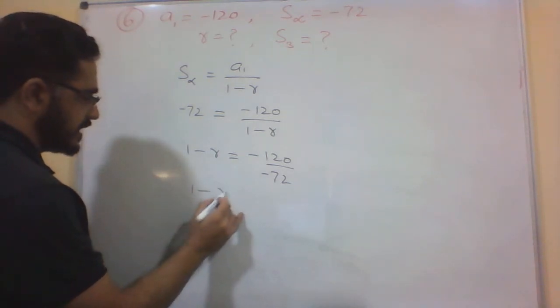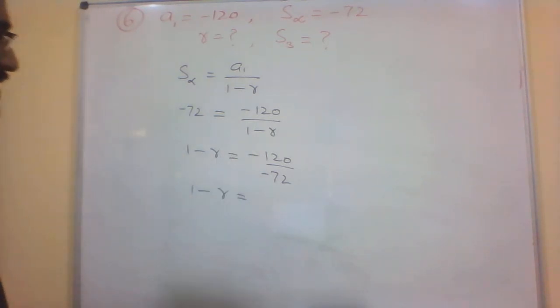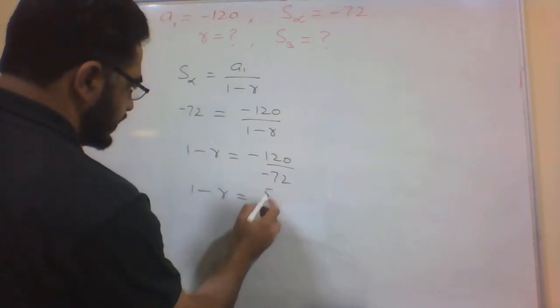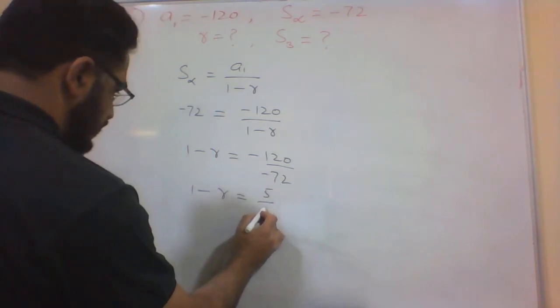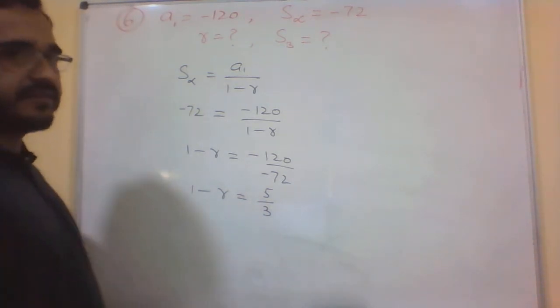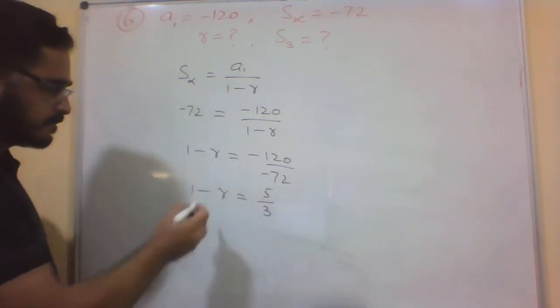Then 1 minus r is equal to, minus cancels with minus, and 5 24s are 120 and 3 24s are 72, so 5 divided by 3.